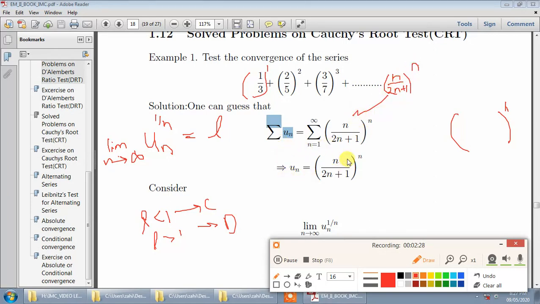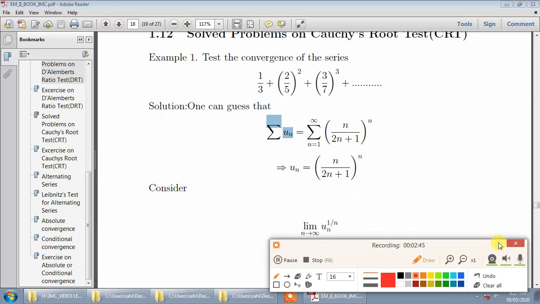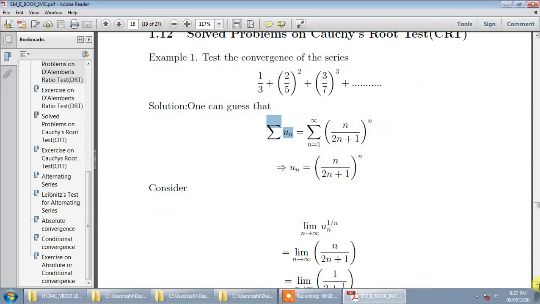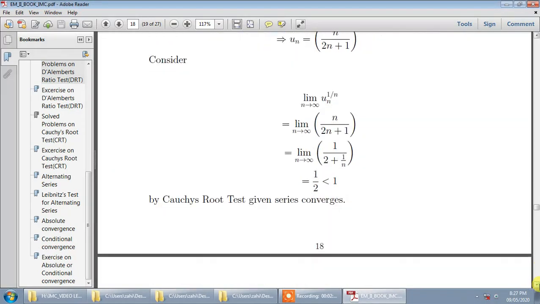So un is equal to n divided by 2n plus 1, bracket raised to n. Now if I take the 1 by nth power of both sides, as required by Cauchy's test, the n will get cancelled, leaving limit n tends to infinity of un raised to 1 by n equal to n divided by 2n plus 1.